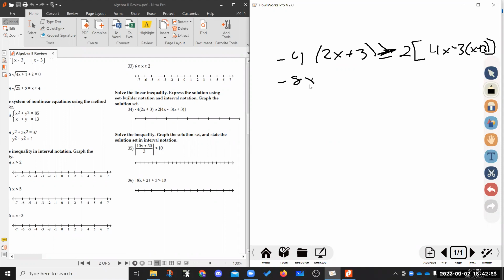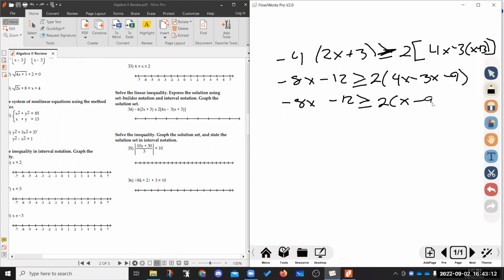Left-hand side is -8x minus 12. That's going to be greater than or equal to 2 times (4x minus 3x minus 9). -8x minus 12 is going to be greater than or equal to 2 times (x minus 9). -8x minus 12 greater than or equal to 2x minus 18. I'm going to get all my x's on the left-hand side.